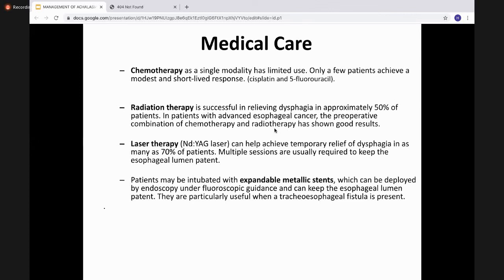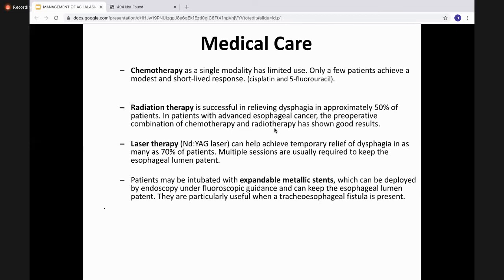If this combination is given before surgery, to prepare the patient for surgery, we call it neoadjuvant therapy. And if it is given as a treatment and the patient is not fit for surgery, so the chemo and radiotherapy are given for treatment purposes, then we call it adjuvant therapy.